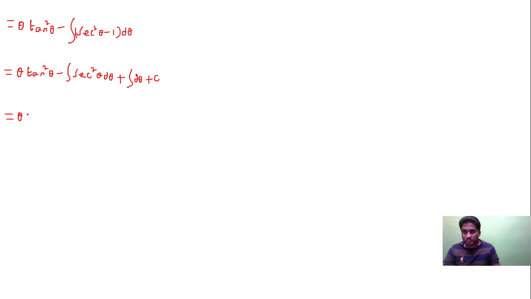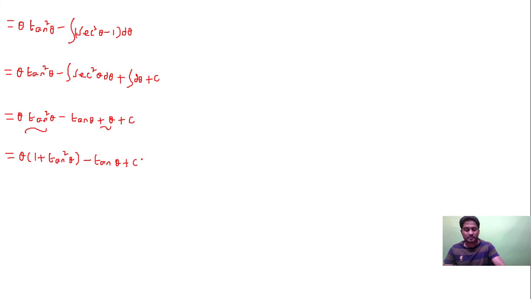Integration of sec square is tan, integration of d theta is theta, plus c. Between these two terms, I am going to take theta common, so left out is tan square plus 1, that is 1 plus tan square, minus tan, and then plus c.